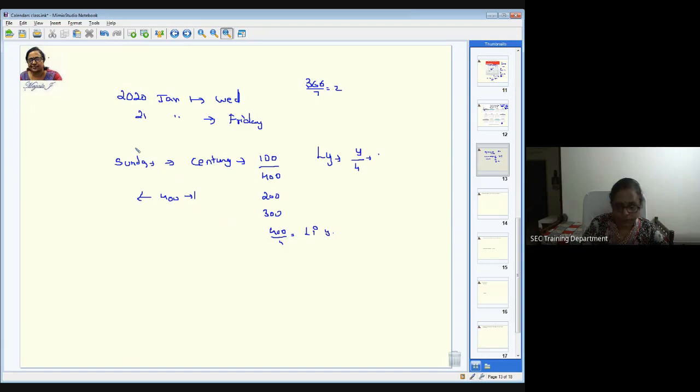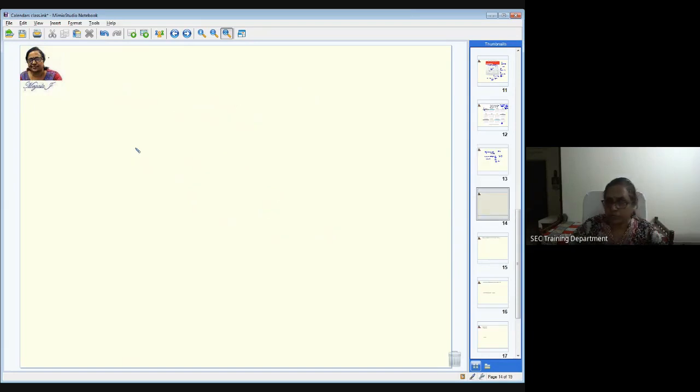The calendar repeats once every 400 years, and now, like I said, about the 100 years: can you say how many years are leap years and how many are non-leap years? This calculation may seem a little complicated because you have not done it before. But once it is done, from the next time onwards you don't have to do this calculation. You just have to have the formula.